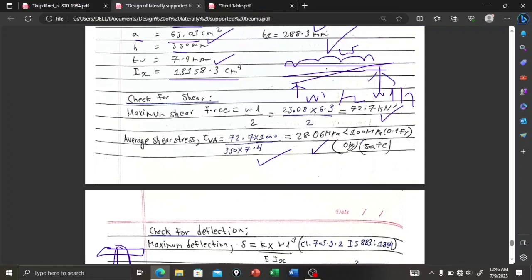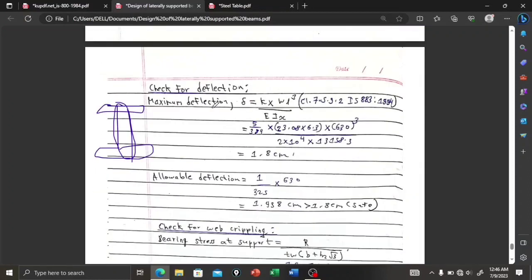Now check for deflection. Maximum deflection delta is K into WL cube by EIX, from clause 7.5.9.2 of IS 800 1994.